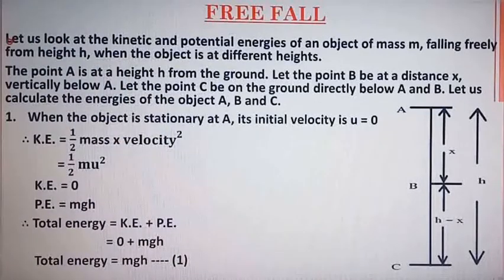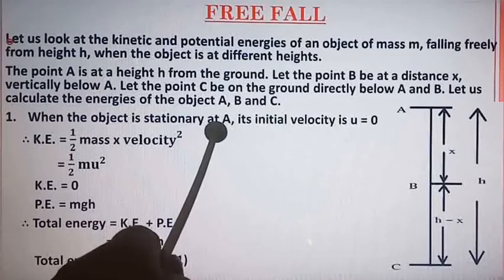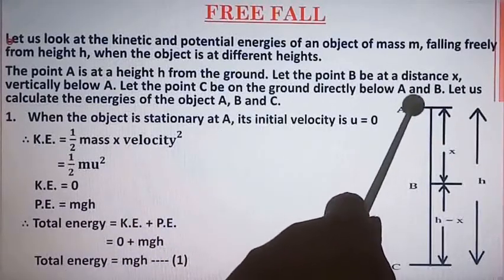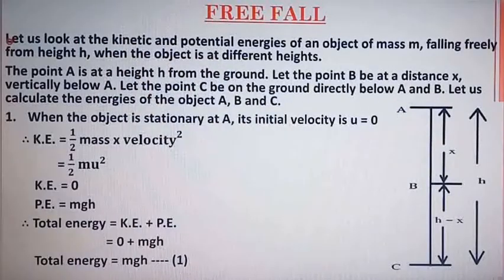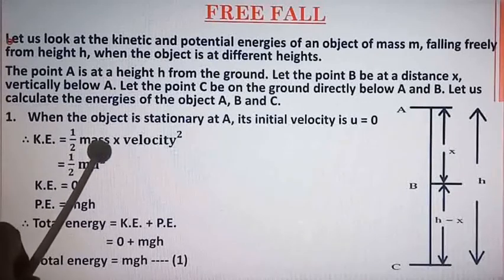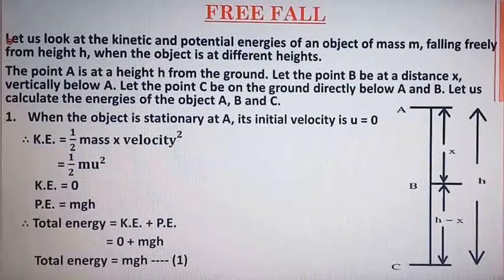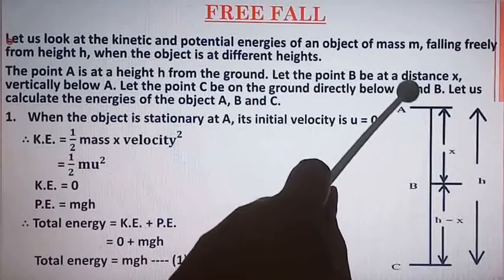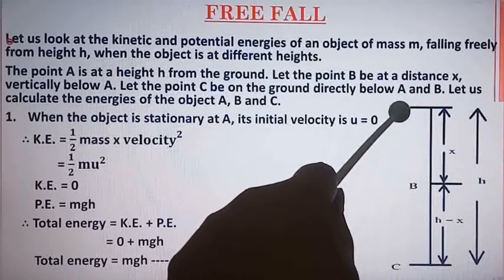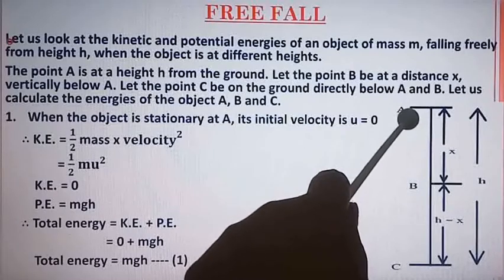So first, when the object is stationary at point A, what will be its initial velocity? Its initial velocity will be equal to 0. Kinetic energy is half mv square. You know the formula for kinetic energy, and potential energy is mgh. So, at the first position, when the object is at this height at point A, initial velocity u is equal to 0.